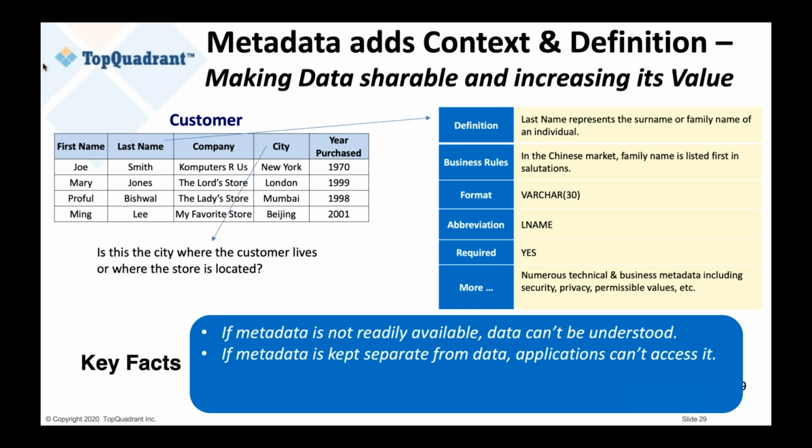If you have metadata that is separate from data, not part of your systems, then your applications won't be able to access this metadata and interpret it. It's also likely that whatever you created during design time and documented somehow will not be evolving. So if someone looks at that artifact, it's going to be different from what is in the real system.